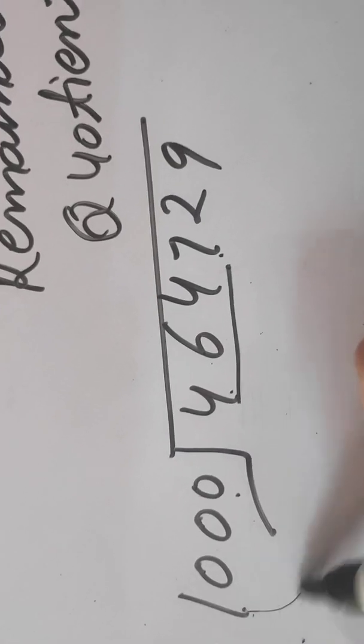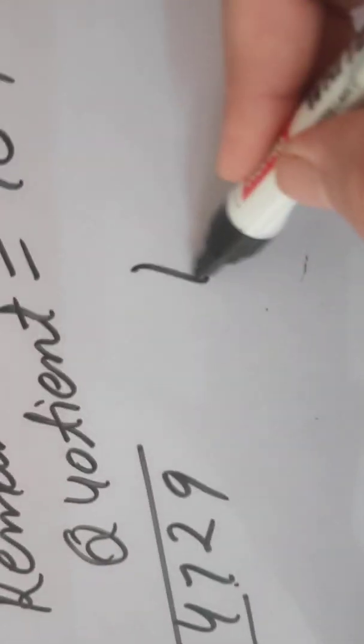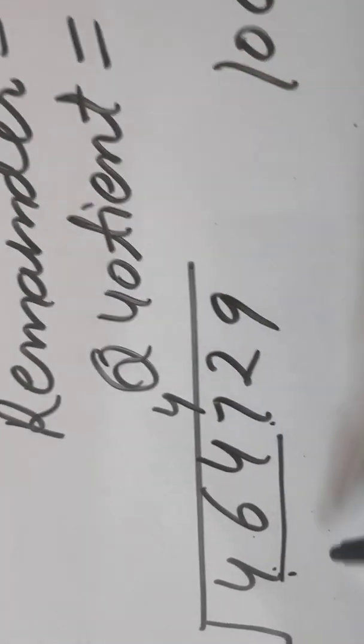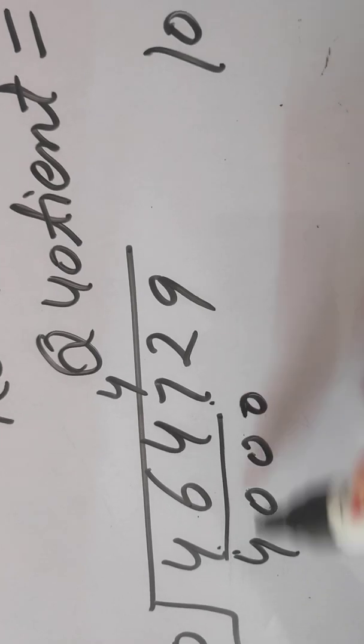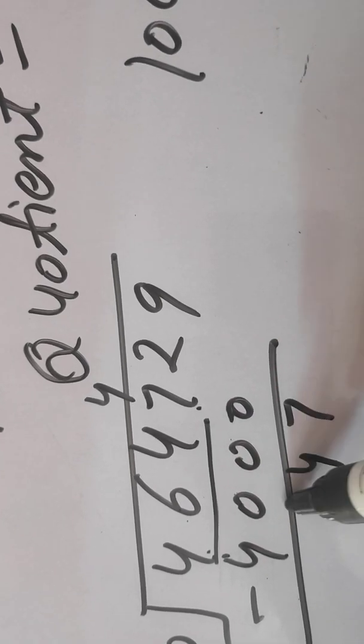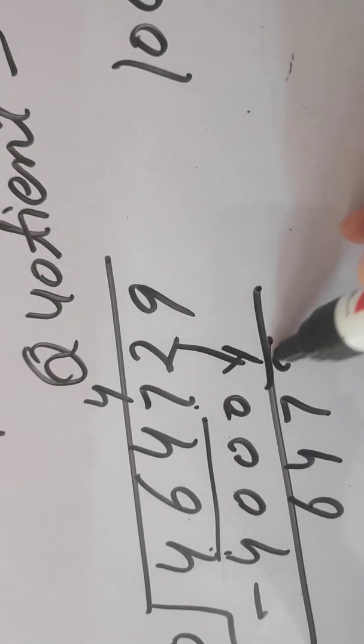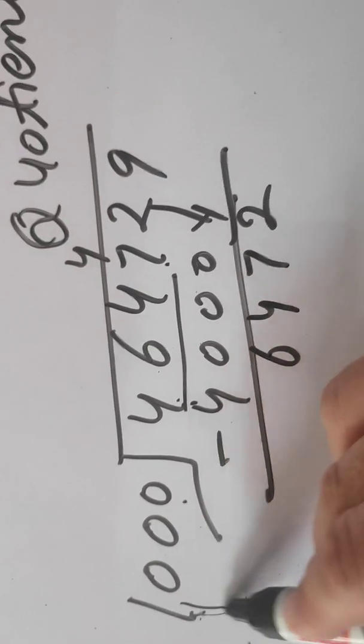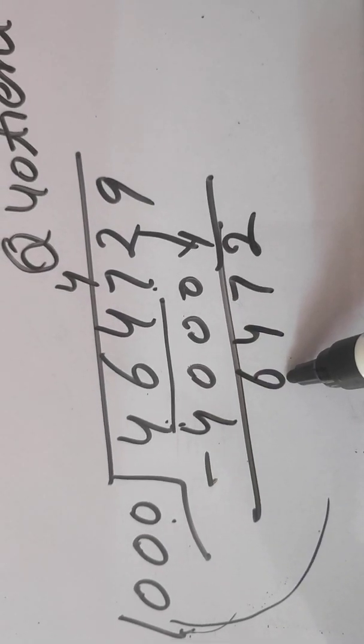Check with the table of 1. 1 4 is 4. So it means 1000 we will multiply by 4, it becomes 4000. I will write here 4000 under the number, subtract it, bring down the next digit. 1, check with 1, 1 6 is 6.